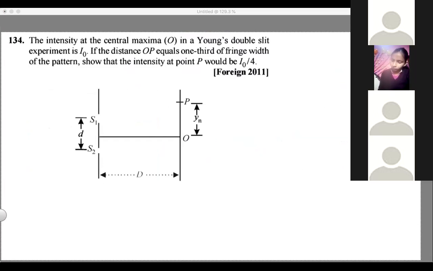The intensity at the central maximum O in a Young's double slit experiment is I naught.